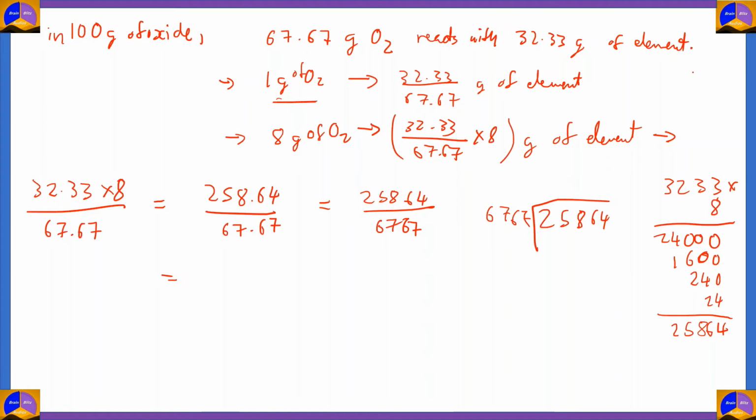So let's do multiplication. So 6767 times 3 gives 18,000, 2100, 180, 21.